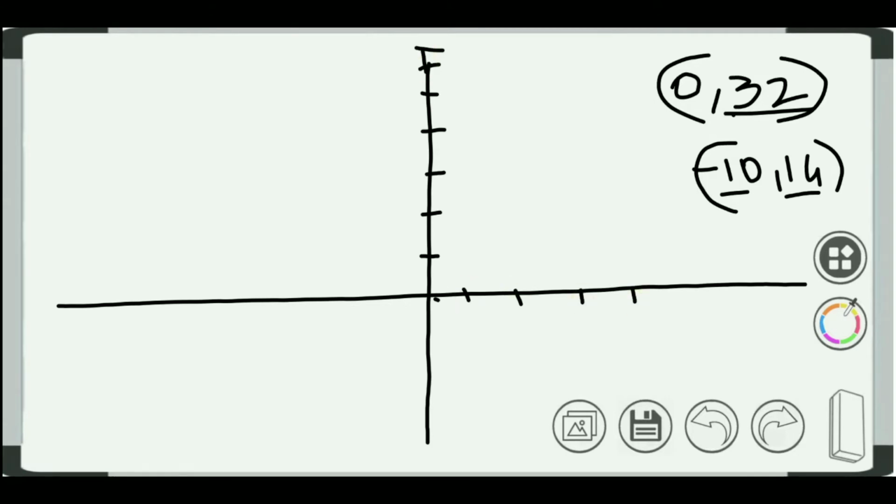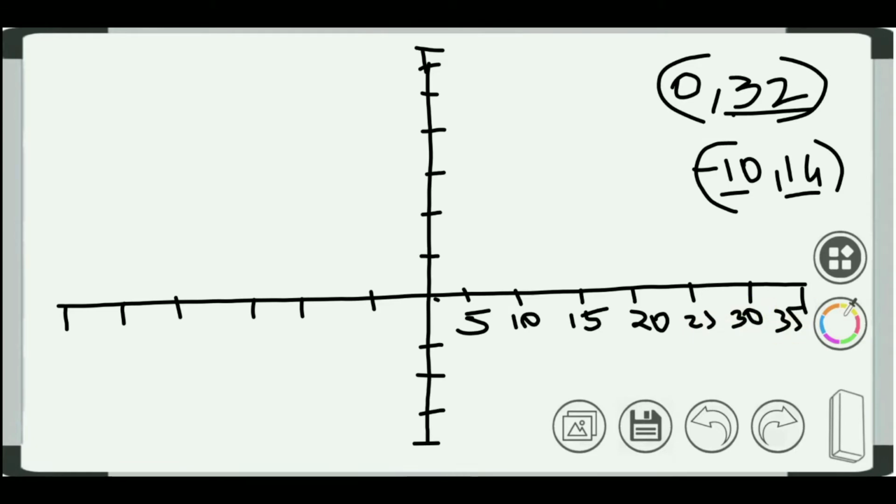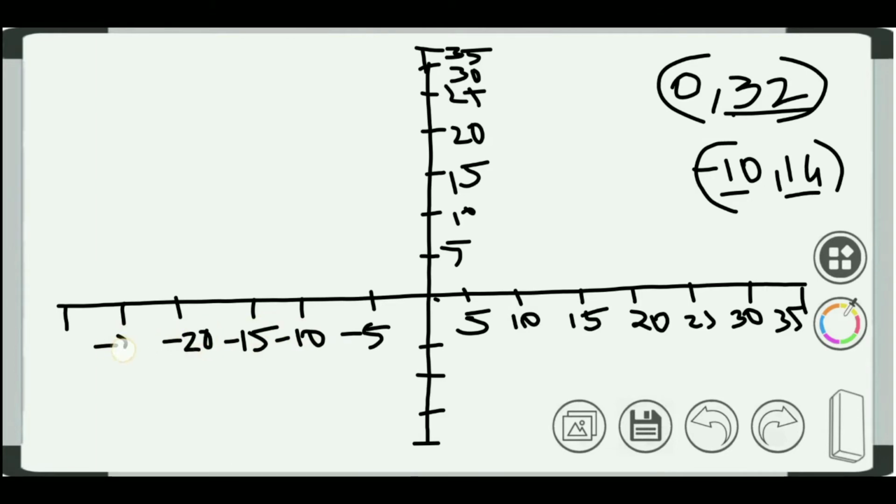Minus 5, minus 10, minus 15, minus 20, minus 25, minus 30 on the negative side.